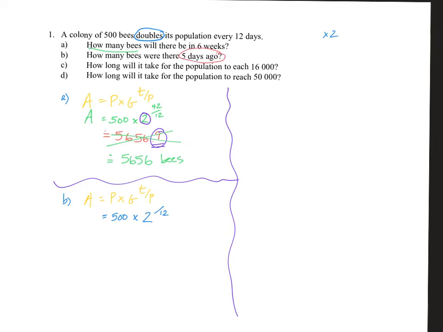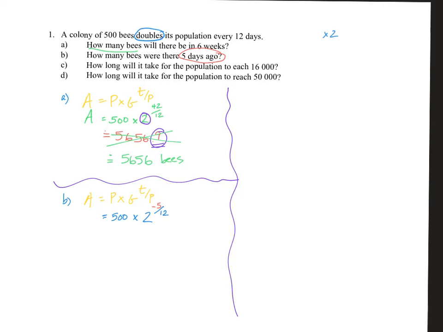Well, I know that we spend an awful lot of time talking about how time can't be negative. But when we're talking about the continuum of this population growth, what we could do is we could say that we were dealing with 5 days prior, and therefore use a -5 as our elapsed time.